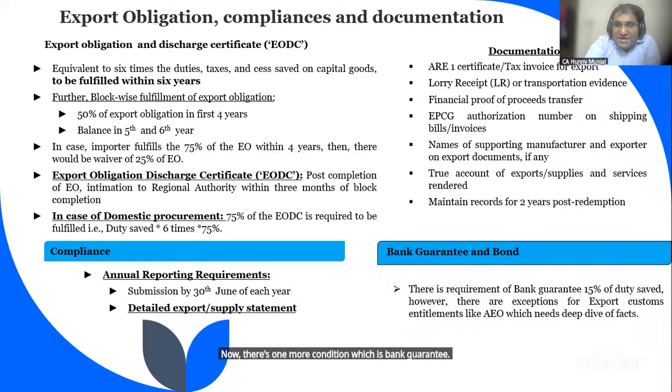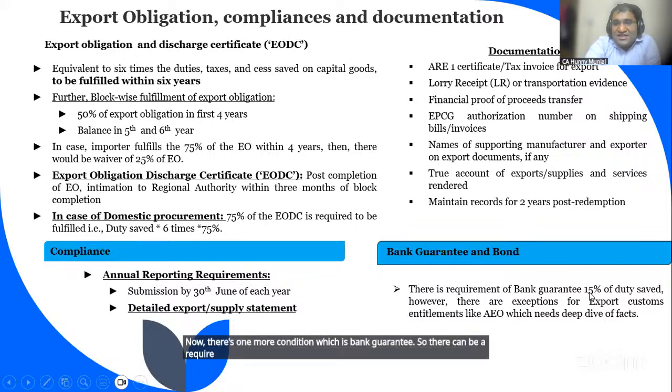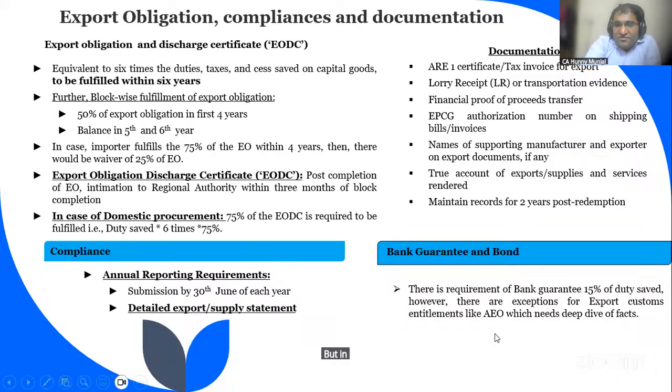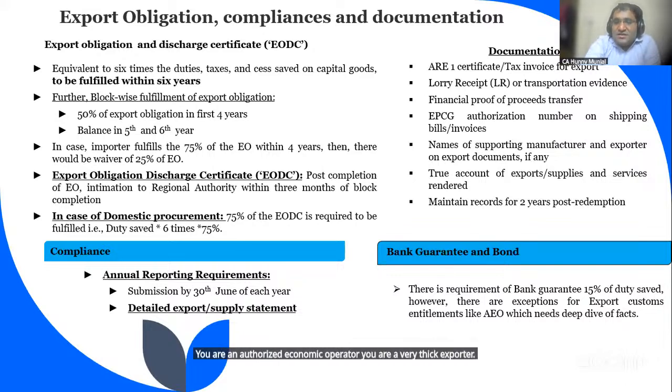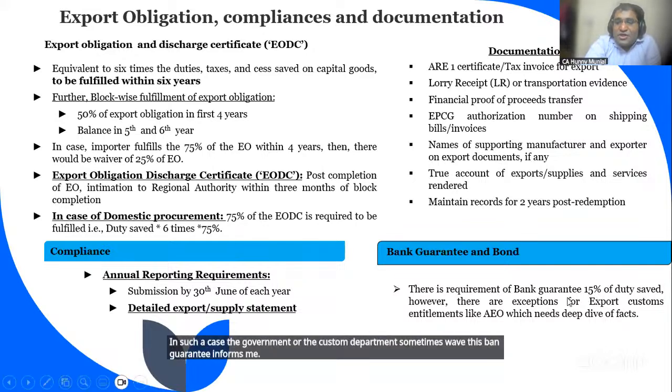Now, there's one more condition, which is bank guarantee. There can be a requirement for bank guarantee equivalent to 15% of the duty rate. But in exceptional cases, if you are an AEO exporter, an authorized economic operator, a very big exporter, the government or the customs department sometimes waives this bank guarantee requirement, which is 15% of the duty rate.